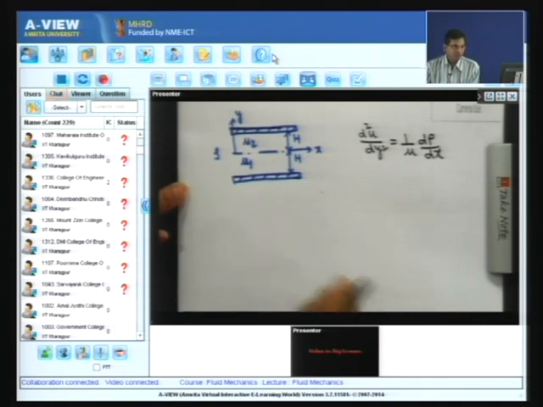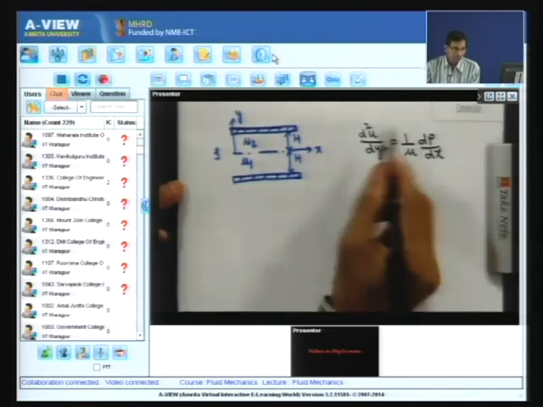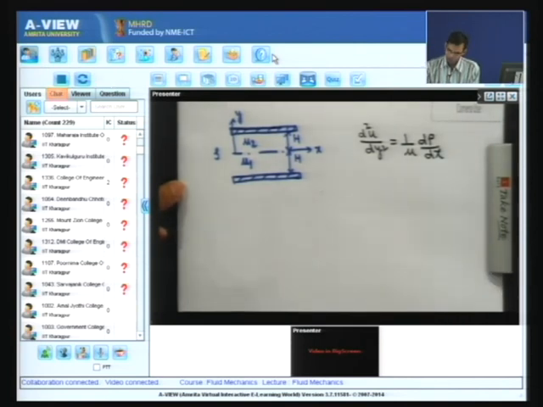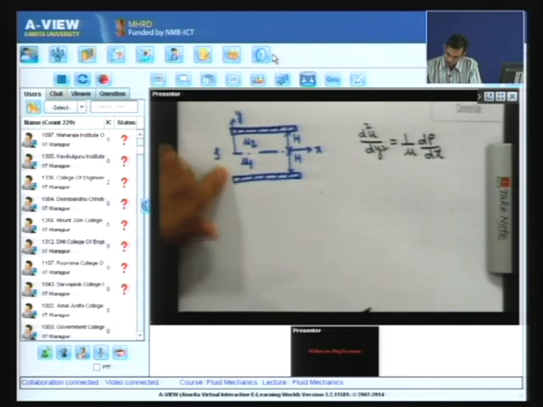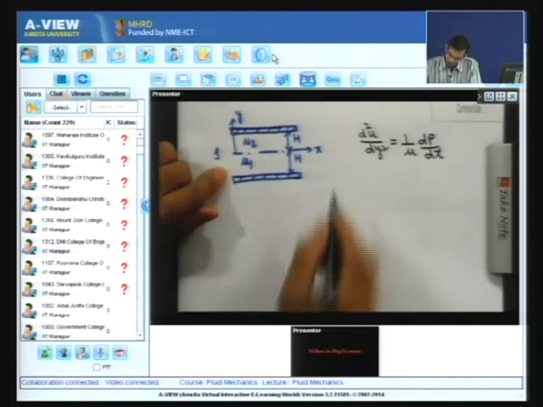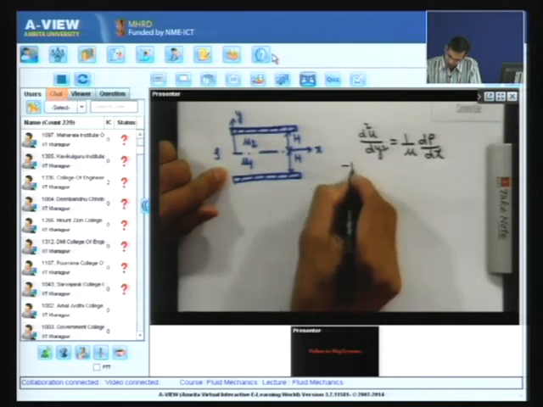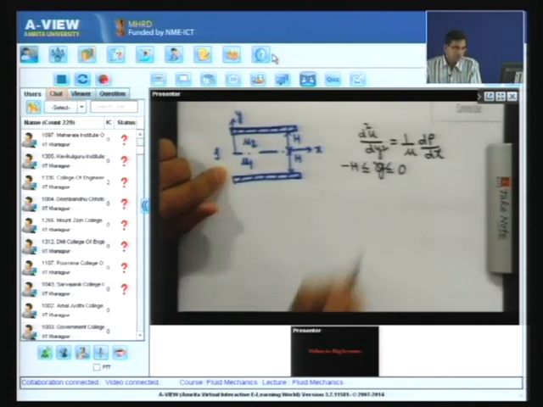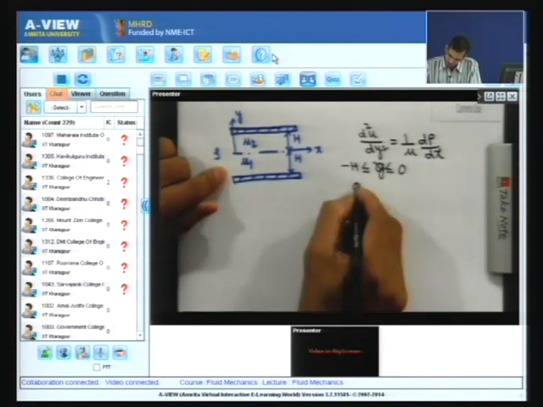This is under the conditions of incompressible, steady and fully developed flow. For this case we divide the entire domain into two regions, one is minus h to 0, and another is 0 to h.